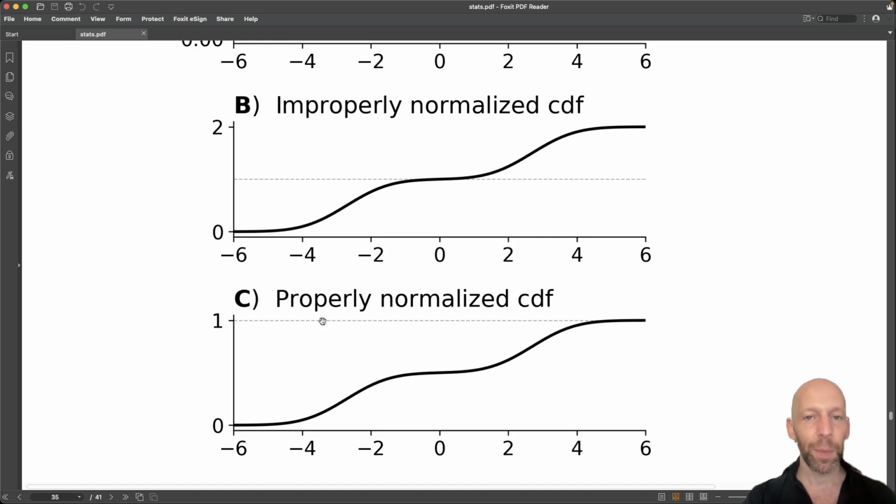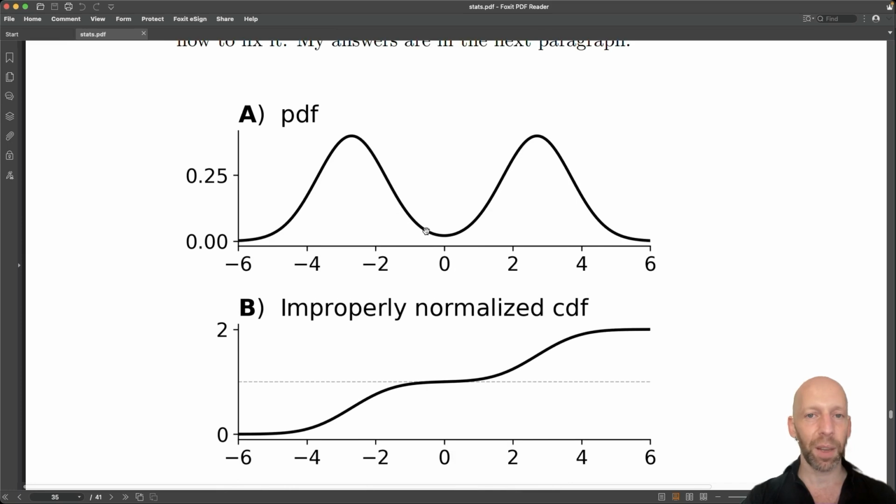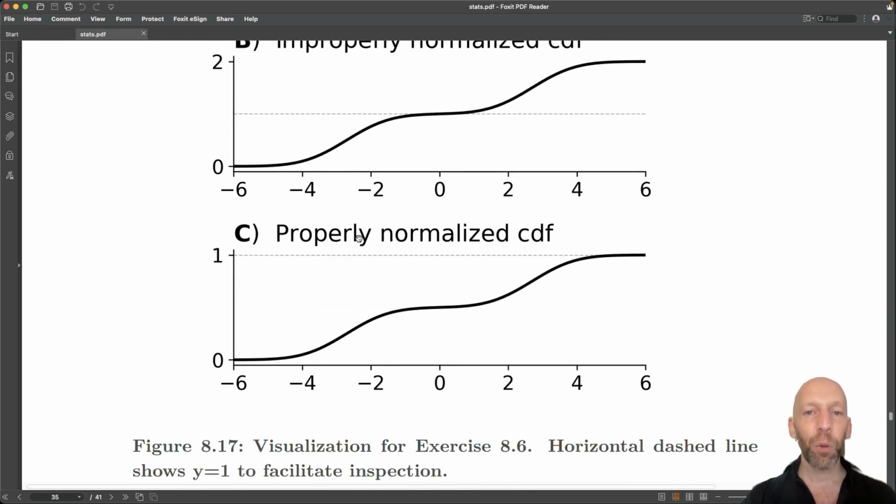That's what you see here. Now there's a couple of different ways to normalize a CDF. I'm going to show you 2 ways in Python, but I encourage you to think of ways that you think would work to normalize this function here, which is the cumulative sum of this empirical PDF, so that we get a properly normalized CDF.